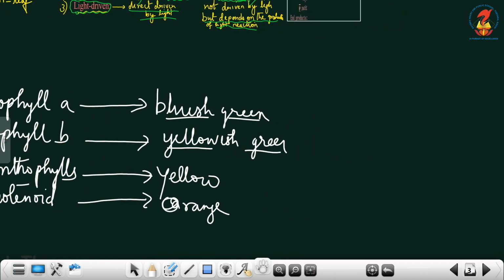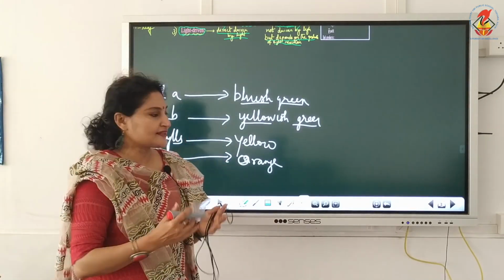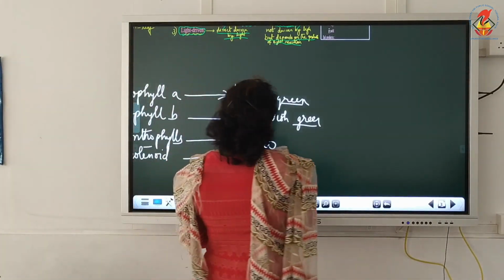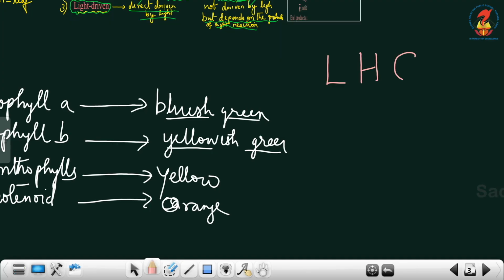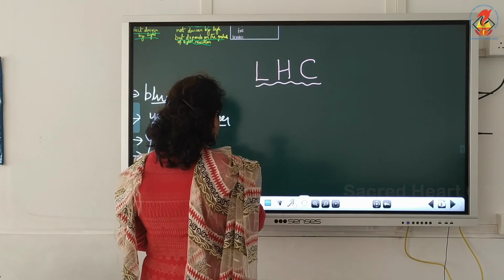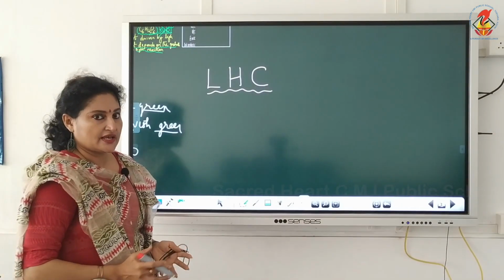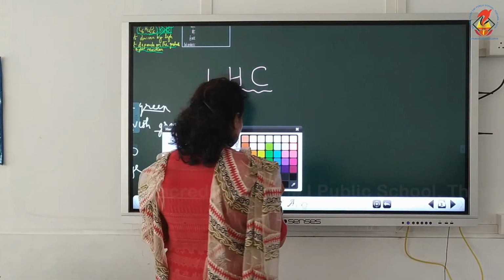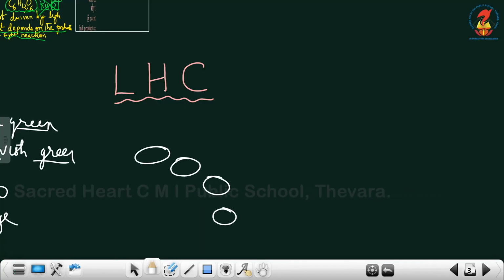So we are going to see how these chlorophylls are arranged, and so I am going to explain the light harvesting complex. A light harvesting complex comprises hundreds of pigment molecules. So I am going to draw all the pigment molecules, hundreds of them, but at random I am showing a few of them scattered.